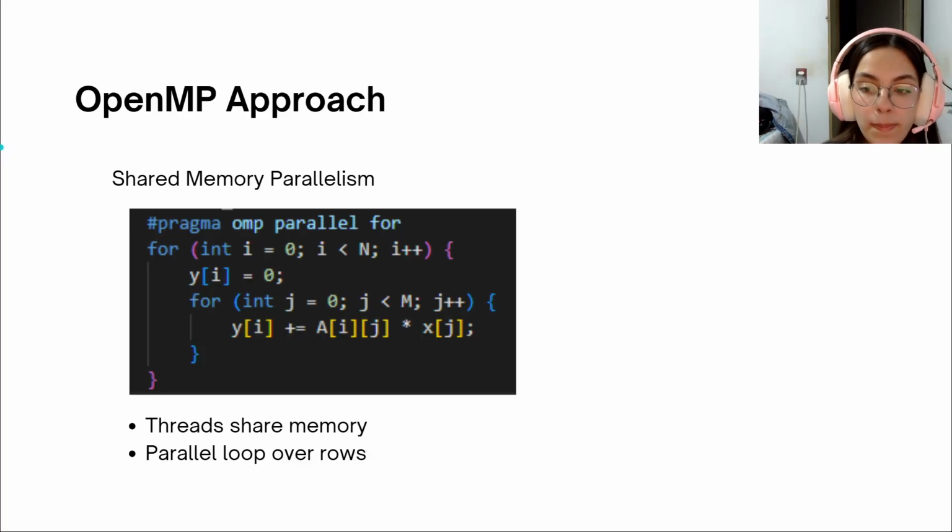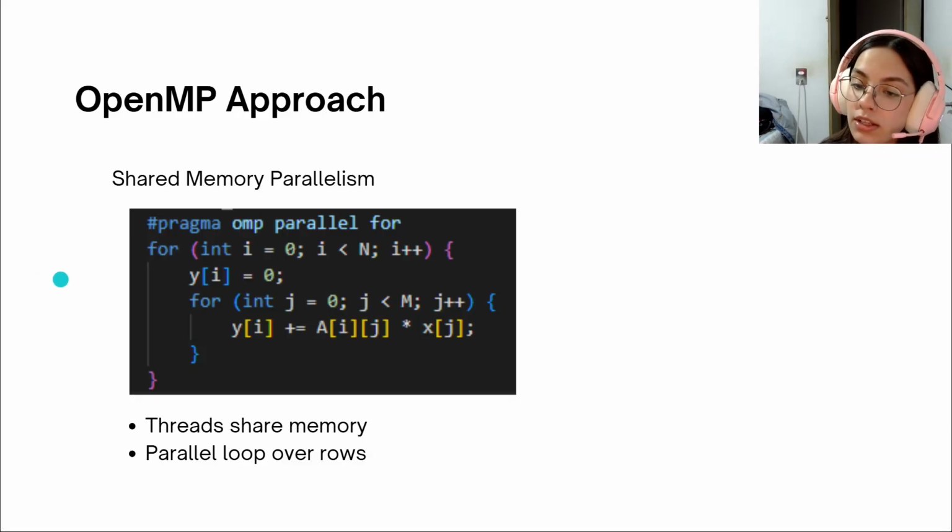So, in the OpenMP approach, we use a shared memory model, where multiple threads run in parallel and share the same memory space. The most common way to parallelize this problem is by using a parallel loop, where each thread computes one or more rows of the result vector.